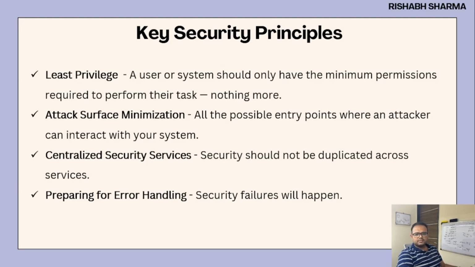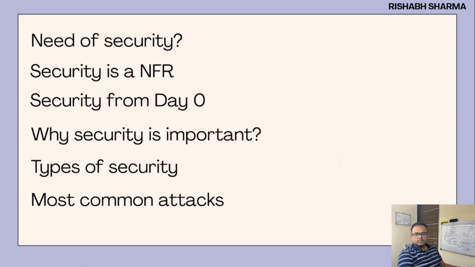Let me move to our next slide. This is about what is the need for security. In every web application today, we have n number of APIs. We are storing user data and sensitive data, handling authentication, processing transactions, and integrating with third party systems.